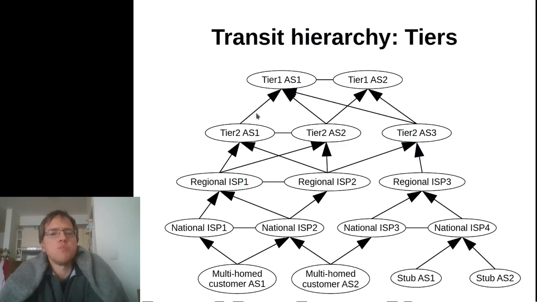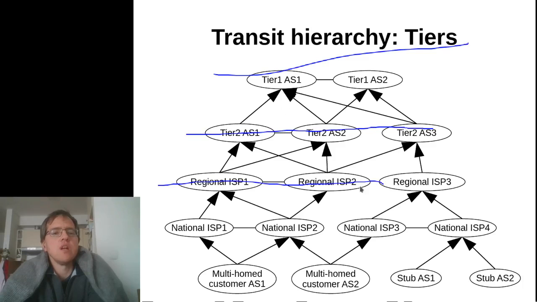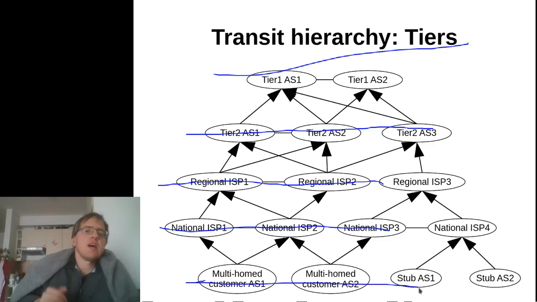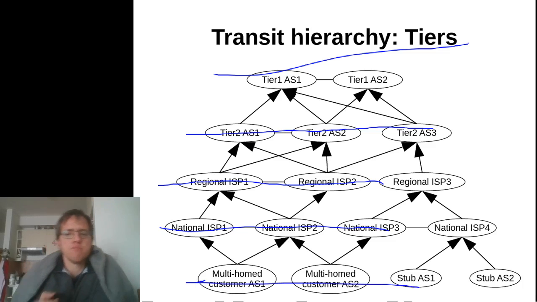These are usually provided by peers. So tier 1 is global, tier 2 is either global or regional, tier 3 is regional, tier 4 is national service provision, and tier 5 in this simple transit hierarchy is the internet edge.